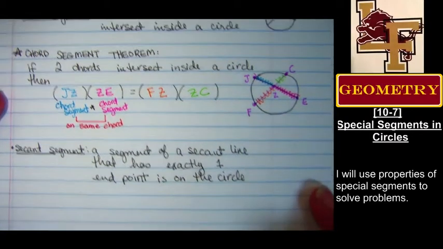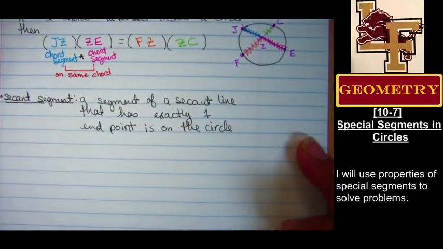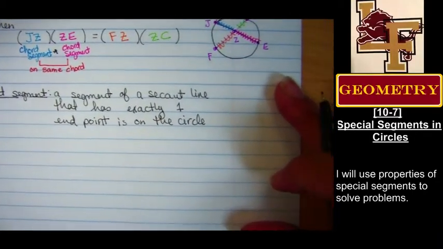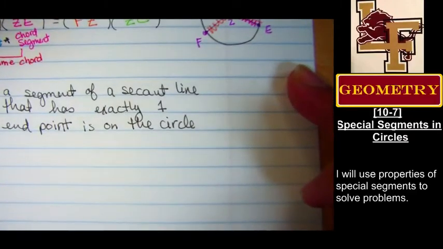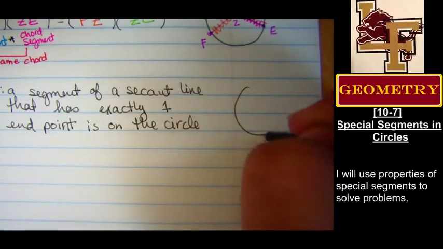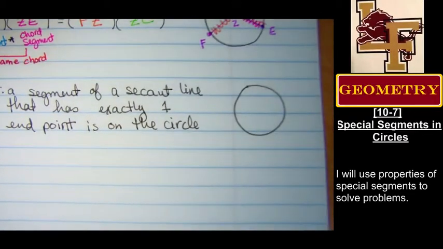Okay, so let's draw this and figure out what this means. All right, I have a circle, and I need a secant line. What's a secant line? A line cutting the C?